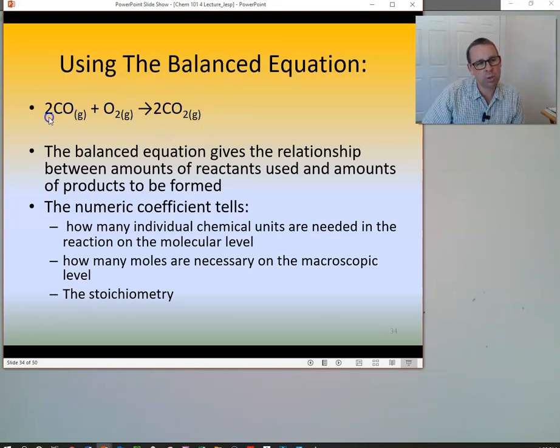We see that 2 carbon monoxide go in and 2 carbon dioxides come out. So we see that that's a 2-to-2 or a 1-to-1 ratio. And again, that's moles of materials.